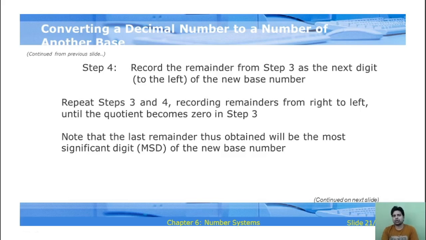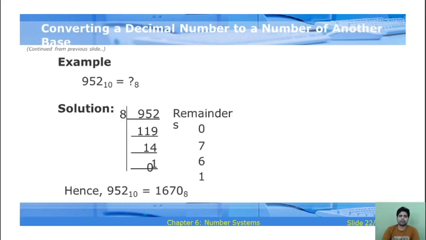And repeat steps 3 and 4, recording the remainders from right to left, until the quotient becomes 0 in step 3. Note that the last remainder thus obtained will be the most significant digit, the MSD, of the new base number. Clear?